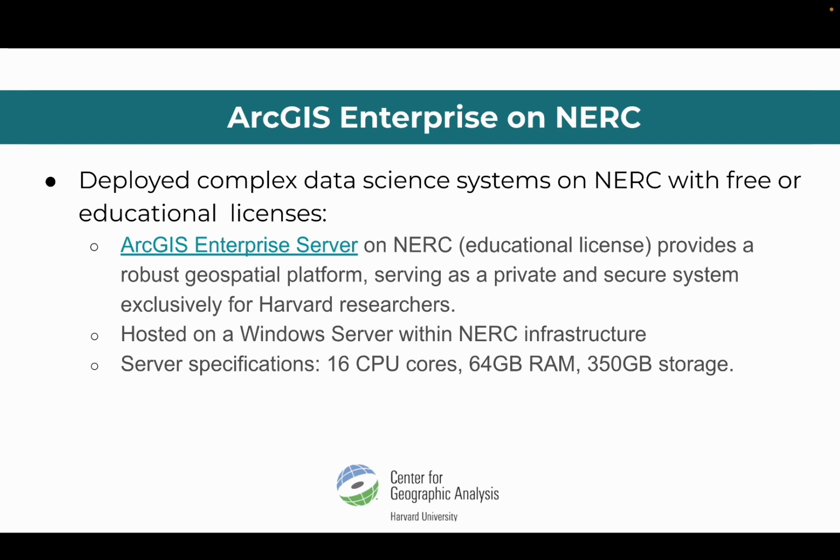Hosted on a Windows server with high-performance configurations, this setup allows Harvard researchers to perform complex data science tasks in a secure, scalable environment. With 16 CPU cores, 64 GB of RAM, and 350 GB of storage, researchers have the computational power they need to handle extensive geospatial data.